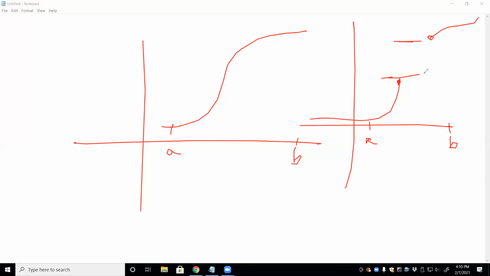I've never actually seen problems that depend on it. It's used more for proving more advanced theorems in calculus, and the proofs of those theorems sometimes use the intermediate value theorem.